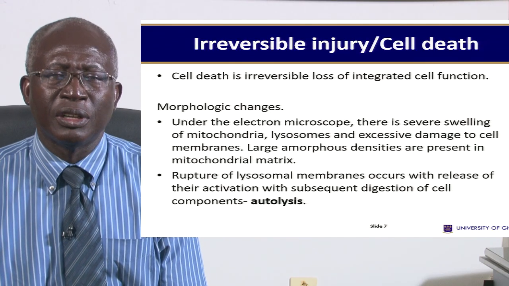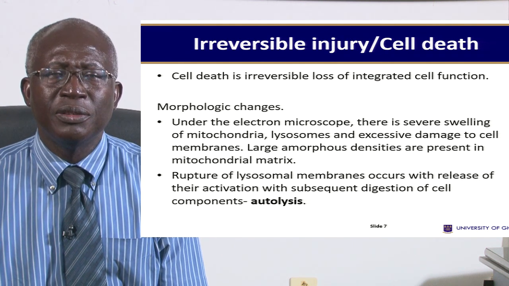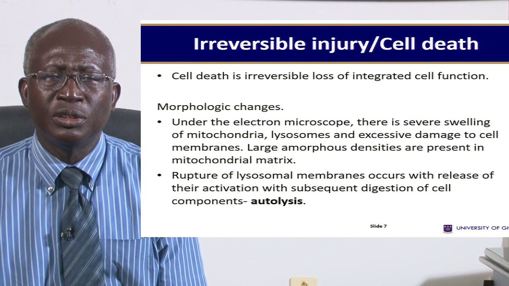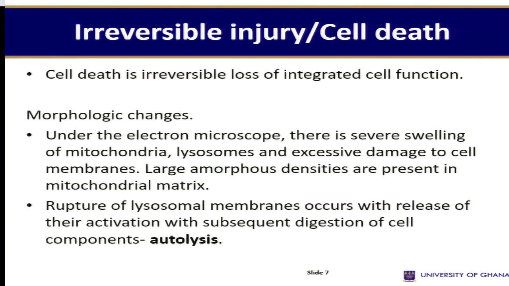Irreversible injury and cell death. Cell death is irreversible loss of integrated cell function. This can be identified under the light microscope, where there is severe swelling of mitochondria, lysosomes, damage to membranes, and amorphous densities in the mitochondrial matrix.